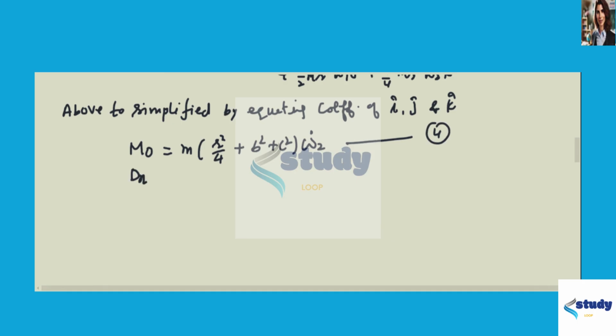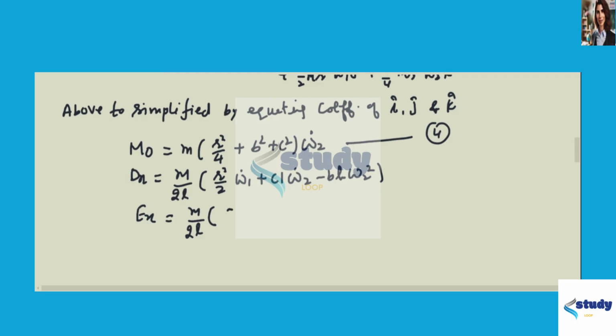Dx is equal to M upon 2L, R square by 2 rate of change of omega 1 omega 2 minus v l omega 2 square, and Ex is M upon 2L minus half R square rate of change of omega 1, c l rate of change of omega 2 minus v l omega 2 square, equation 5, 6.